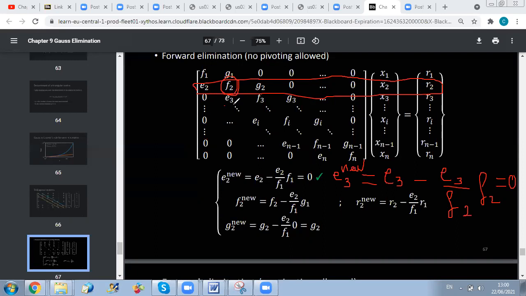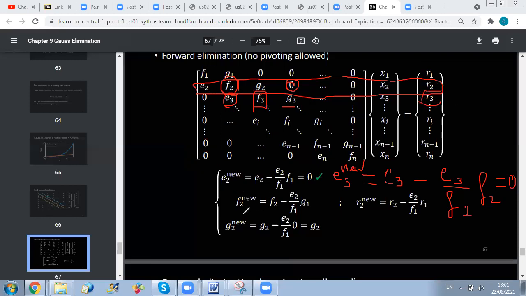So E3 will become 0. I should update F3. You will see that G3 will remain as it is, because the element above it in the pivot equation is 0. So G3 will remain as it is. So I will only have to update F3 and to update R3.